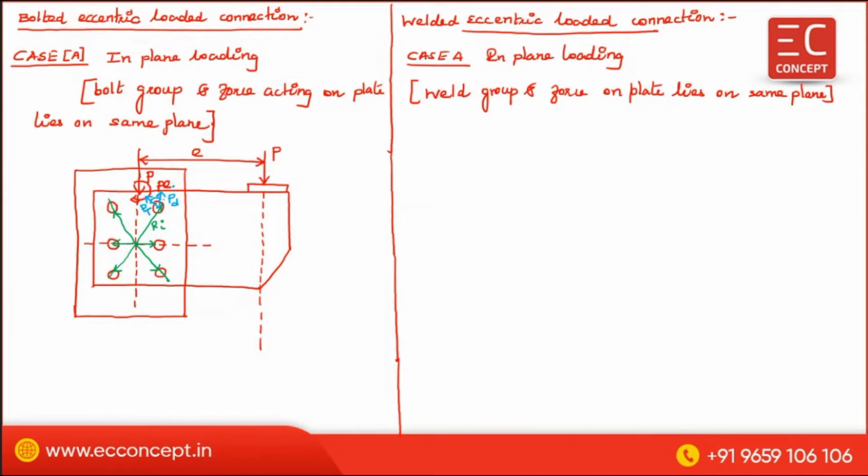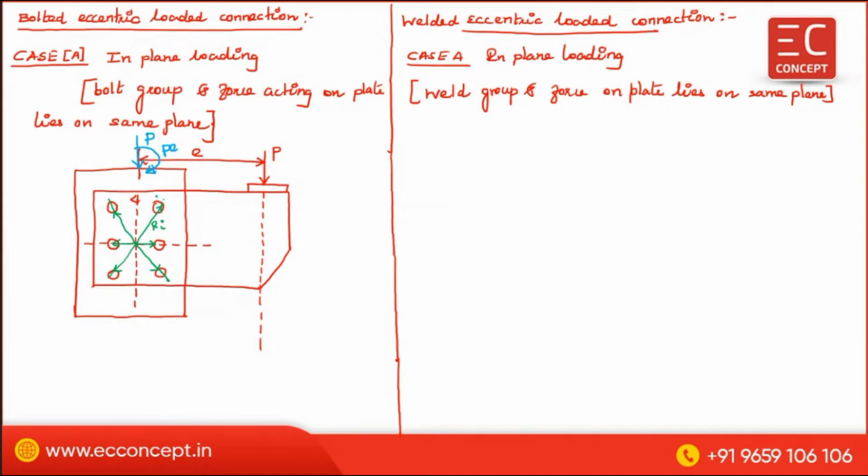What I have to do, I can mark these two at the center, so that I can mark the resistance properly. So this P and T I can mark here about the centroid. If you resolve this, then you will get a P and you will get a P into E. So these two quantities will come.